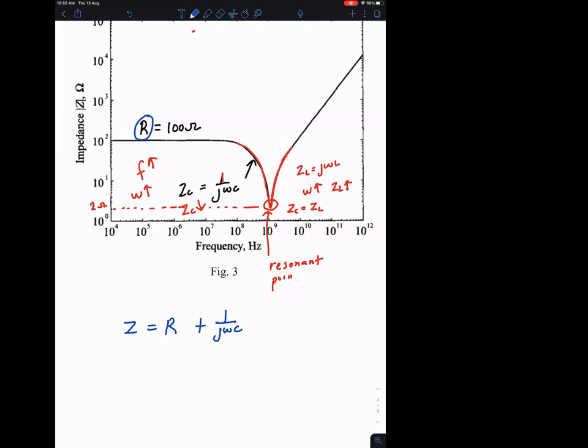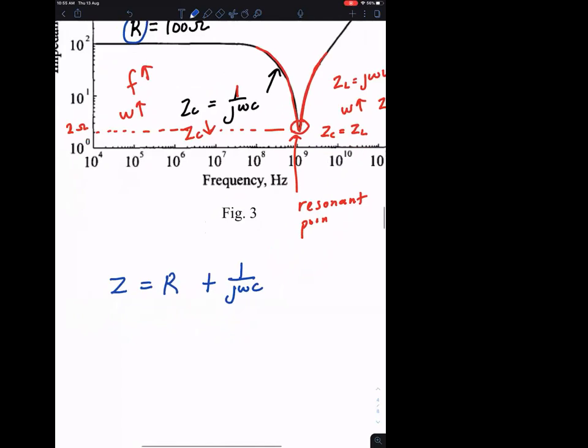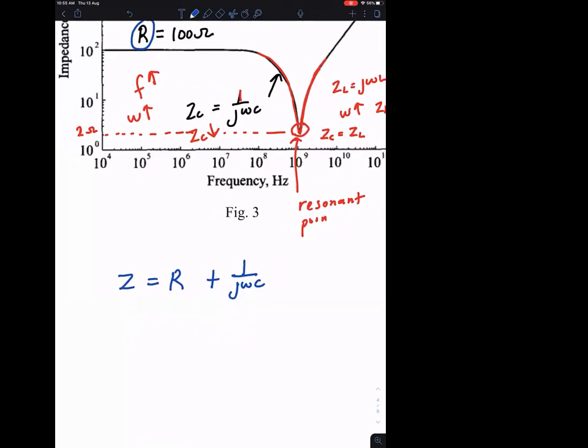Can I add like this? Is it possible to add like this? Because at lower frequency, Z is R, right? But lower frequency means omega is approximately 0.